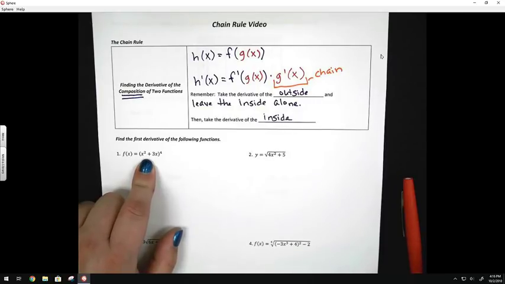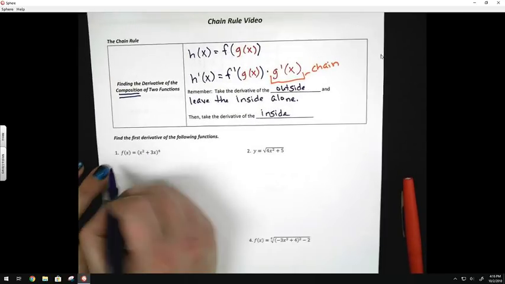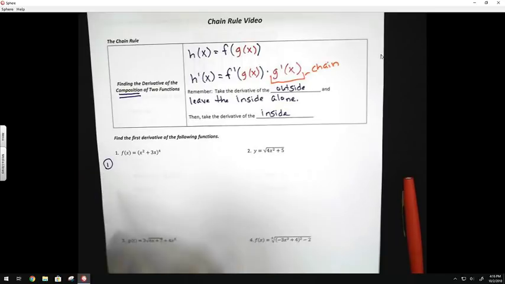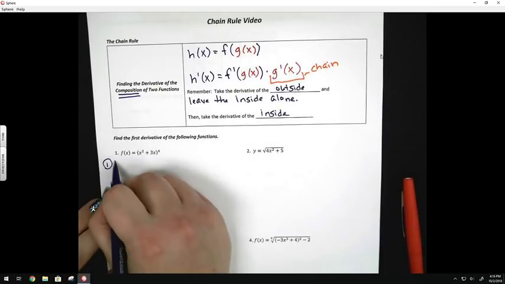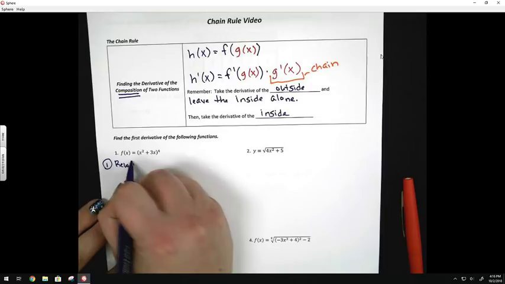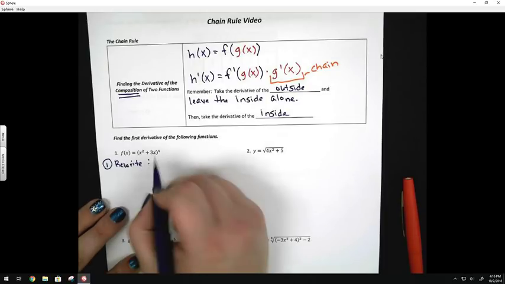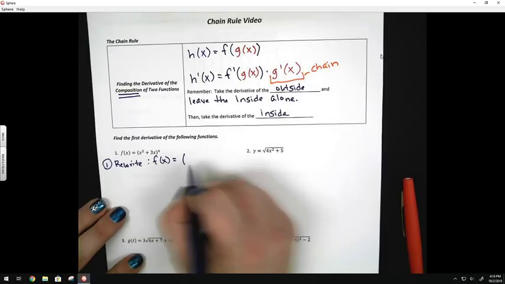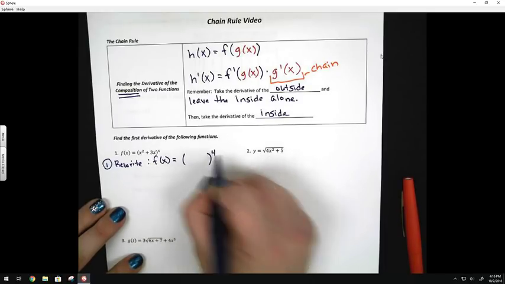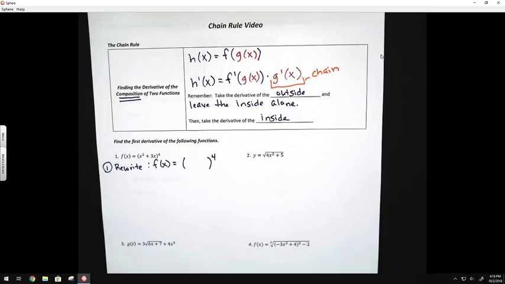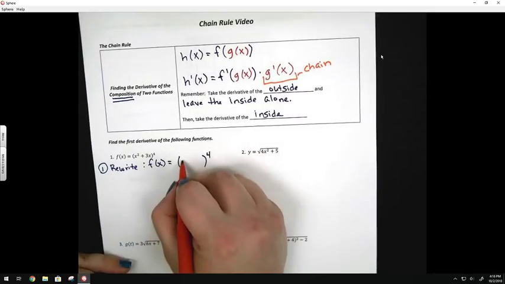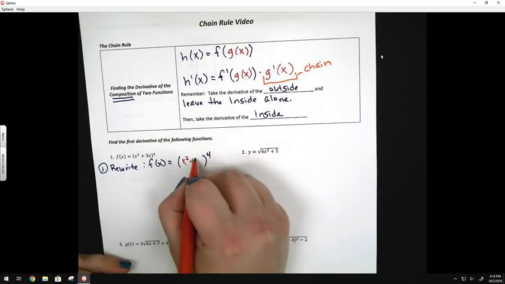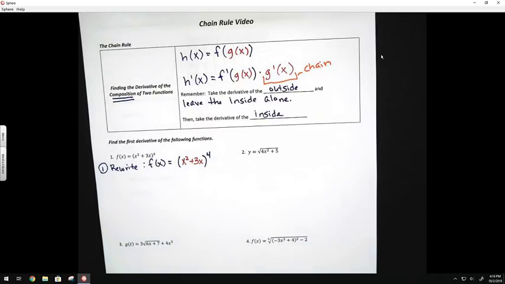I'm going to first rewrite my function so that I can see the two separate pieces. When I rewrite this, and this is why the colors are so nice, f of x is going to equal something to the 4th power, and that something is x squared plus 3x. So I can clearly see my two different functions.